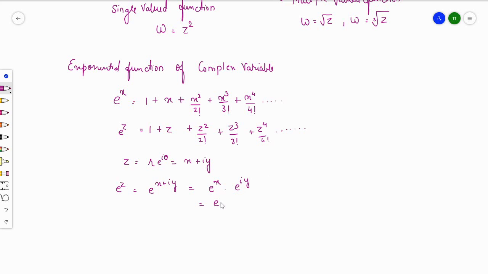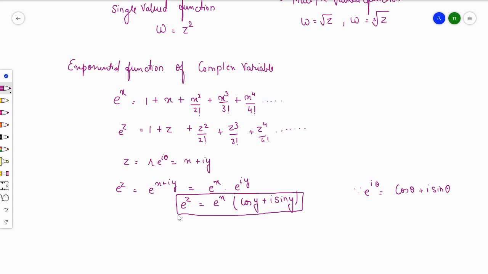Okay, e raised to power iy means cos y plus i sin y. You know that e raised to power i theta is equal to cos theta plus i sin theta. So e raised to power z means e raised to power x times cos y plus i sin y.